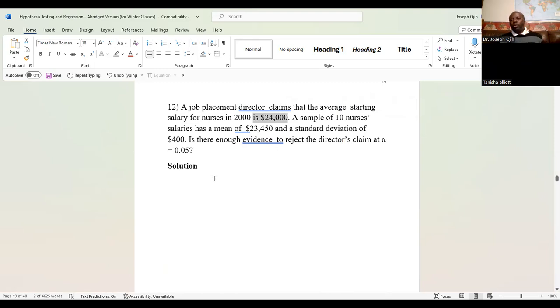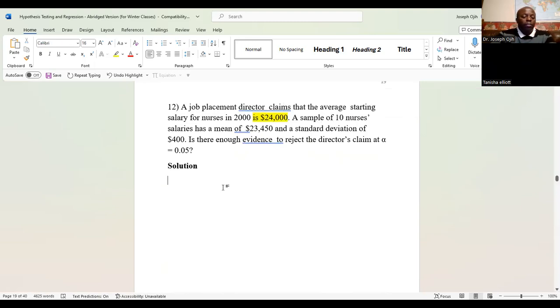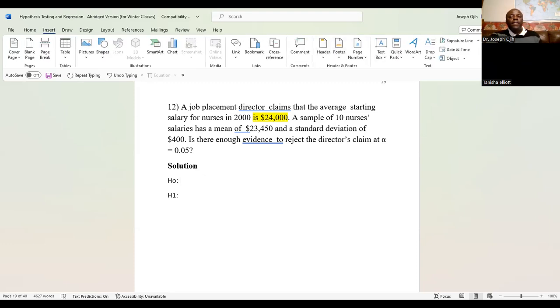So it is mean equal, and we can only use the equal sign in the null hypothesis. So let's say it is 24,000. Now I have H0 and H1. H0 says mean equals 24,000. That is what he's claiming.